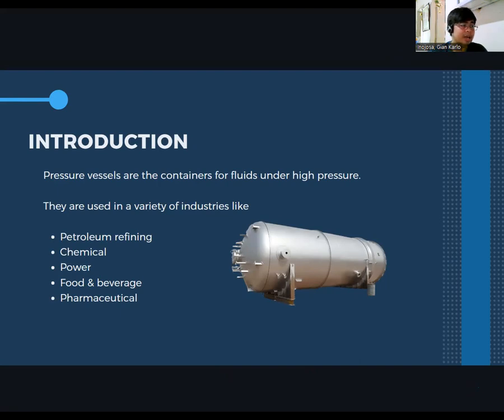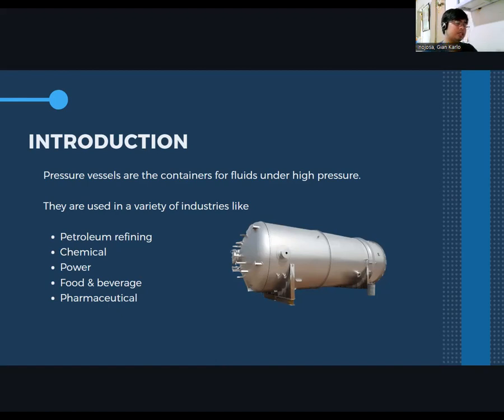So for the chemical and pharmaceutical, since our pressure vessel is a container, it is designed to hold gases or liquids at a pressure substantially higher or lower than the ambient pressure. The ambient pressure is the pressure of the surrounding medium such as gas or liquid that is in contact with the object.